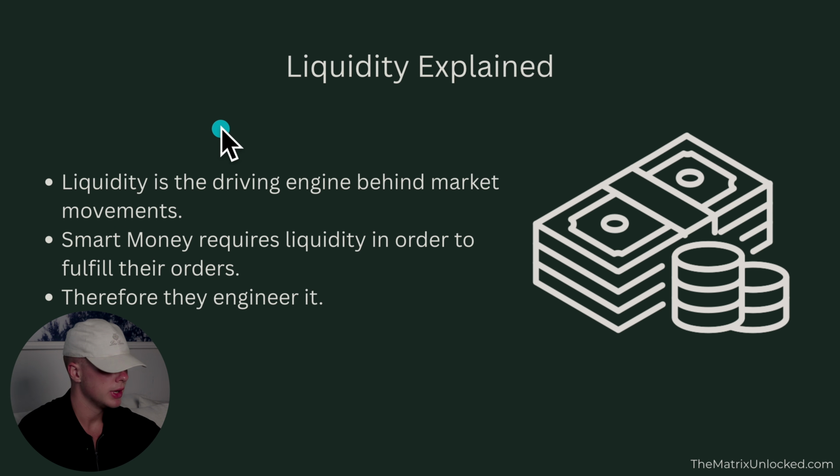Liquidity explained. Liquidity is the driving engine behind market movements. Smart money requires liquidity in order to fulfill their orders. Therefore, they engineer it. One of the ways they engineer it is by causing those price patterns which we discussed prior throughout this training, multiple price patterns that are very famous within the retail trading industry.